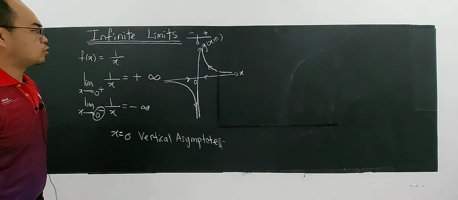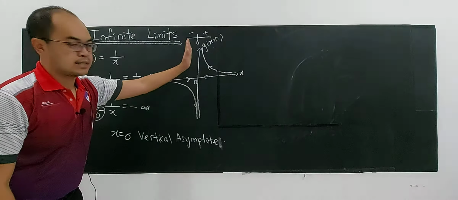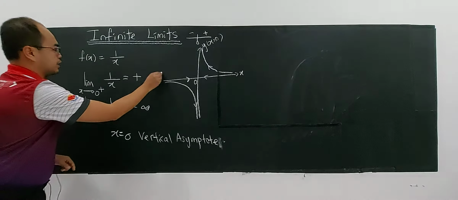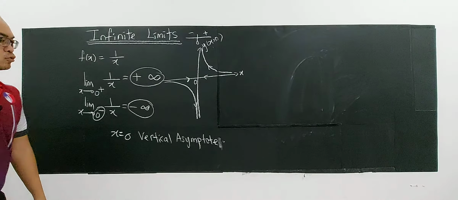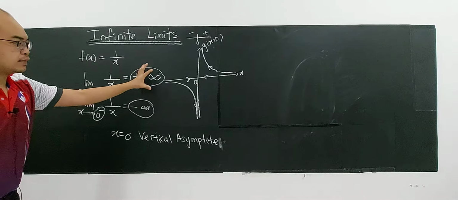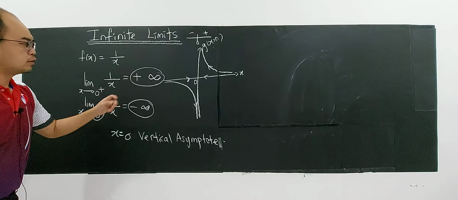So from here, these are the infinite limits, meaning as the denominator approaches 0, the number gets bigger, either positive or negative.